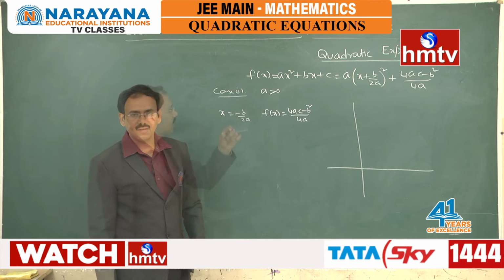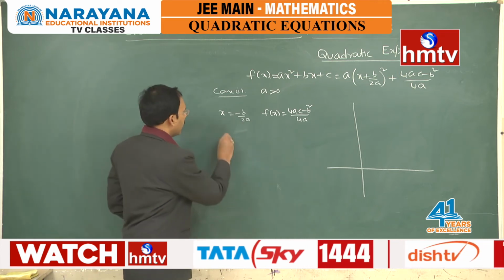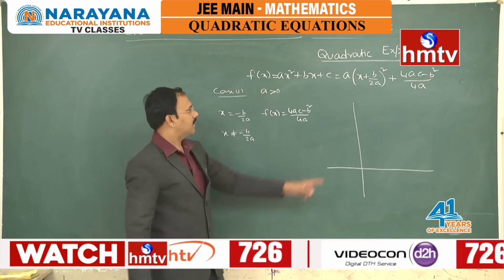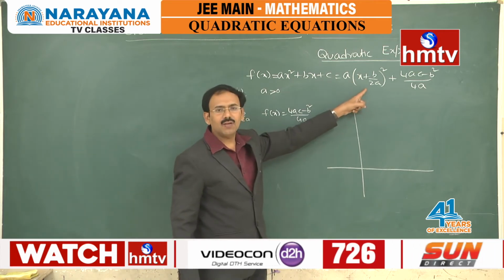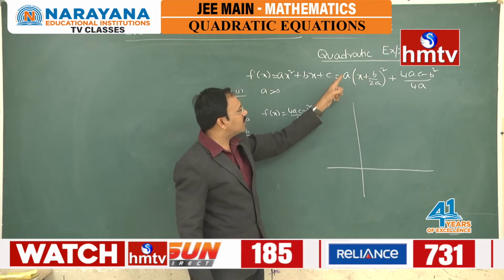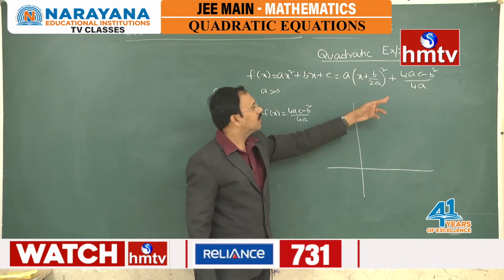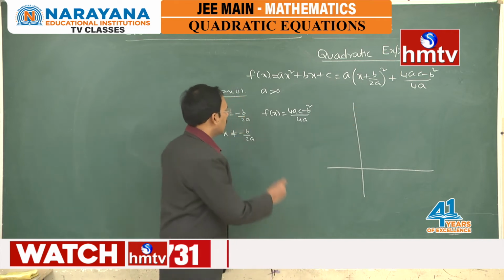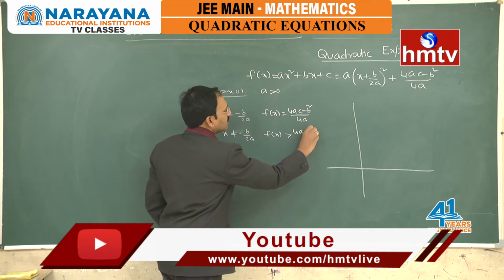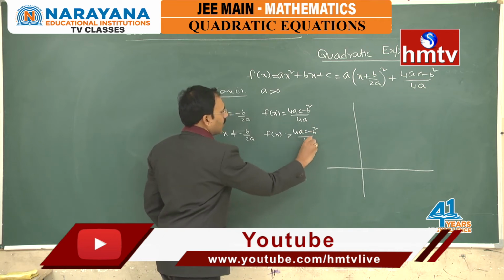Observation number 1. Number 2: when x is other than −b/2a, (x + b/2a)² will be positive, positive into a positive number is positive. This plus positive means f(x) will be more than (4ac − b²)/4a.